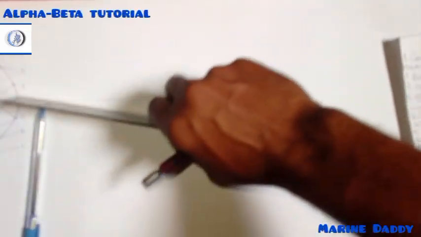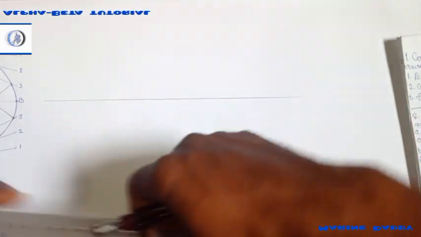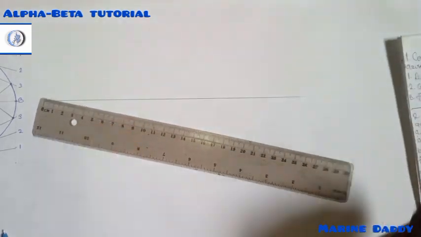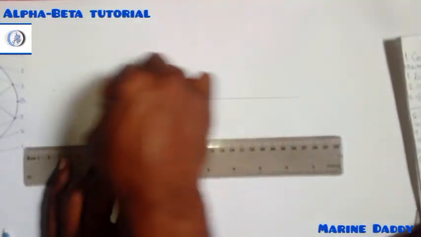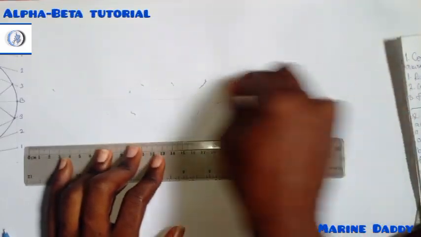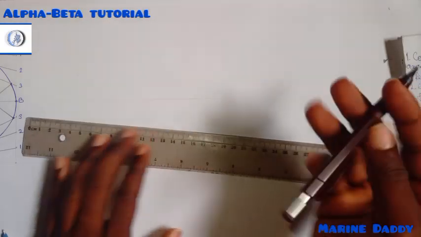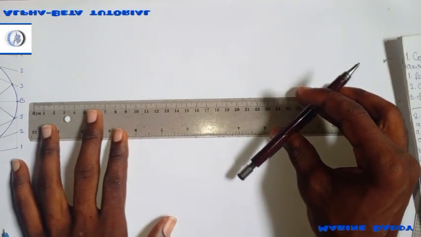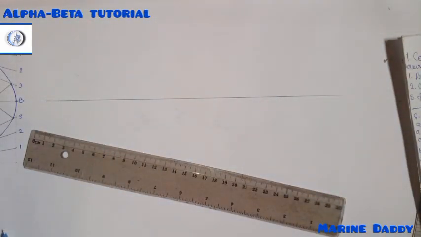Okay, for focal points method, just draw a fence line first. Draw a fence line. After drawing that fence line, divide the line into.